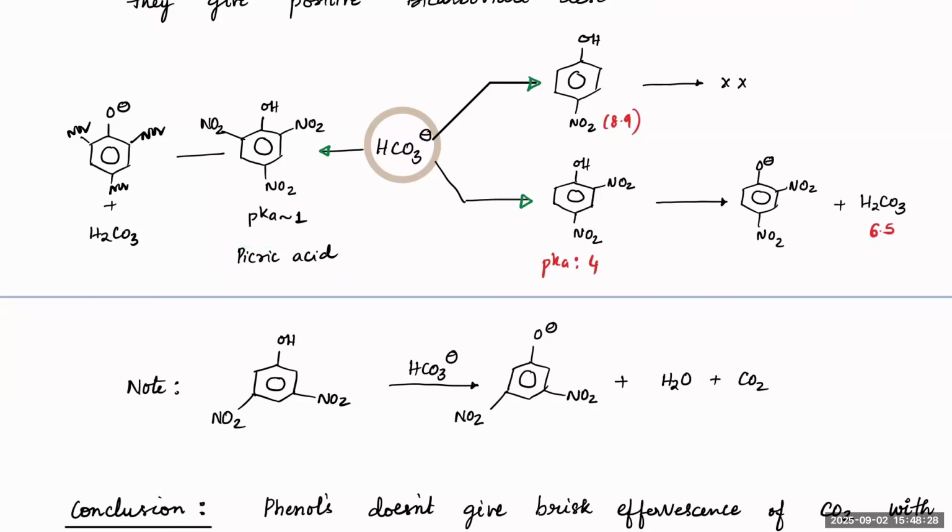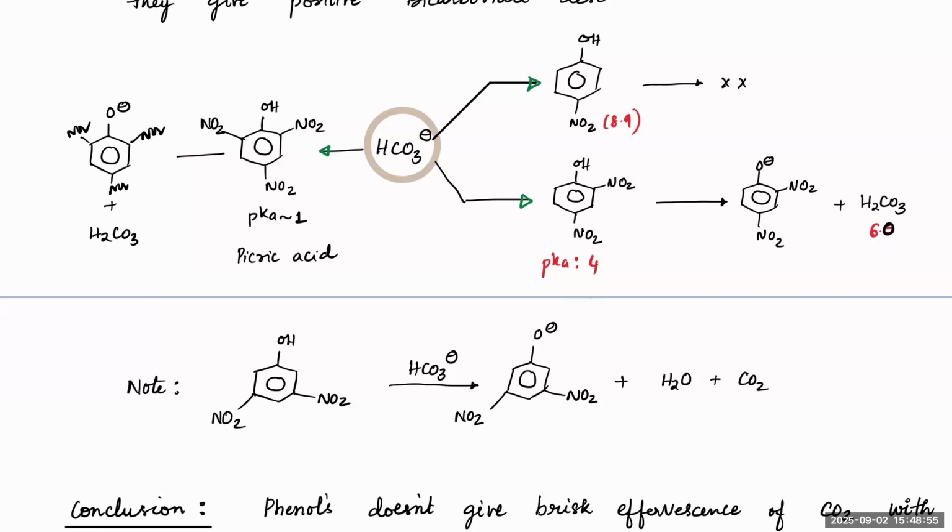Understood? So now tell me, if I use bicarbonate and react with this one, you're expecting to get H2CO3, whose pK value is around 6. This is 8.9 and this is 6. Is it feasible? No. But second, this is 4 and this is 6. So is it feasible? Yes, definitely feasible.